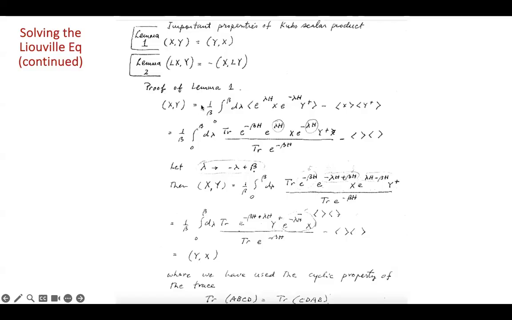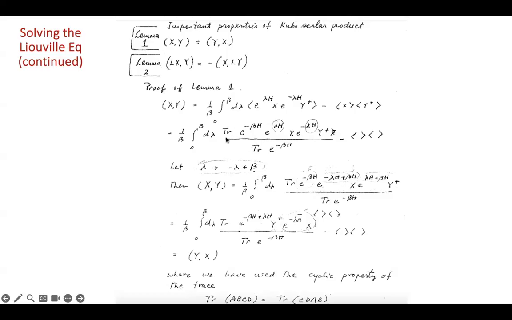So the Kubo product can be quickly stated like we have before. The right side here is 1 over beta, integral 0 to beta d lambda. And then you have this temperature evolution piece, y dagger, minus. This piece is not important because it doesn't have anything to contribute. We might as well forget about it. I've just left it here for now, but it's unimportant.